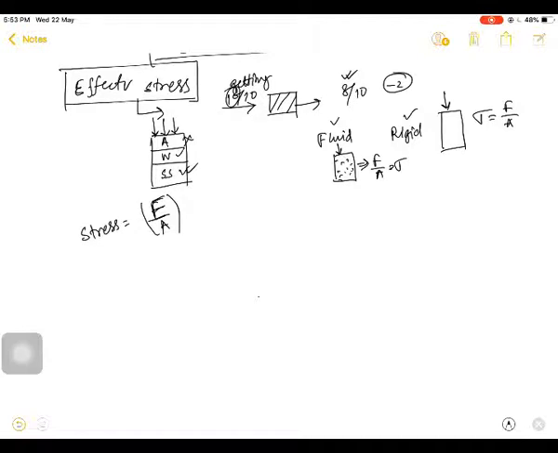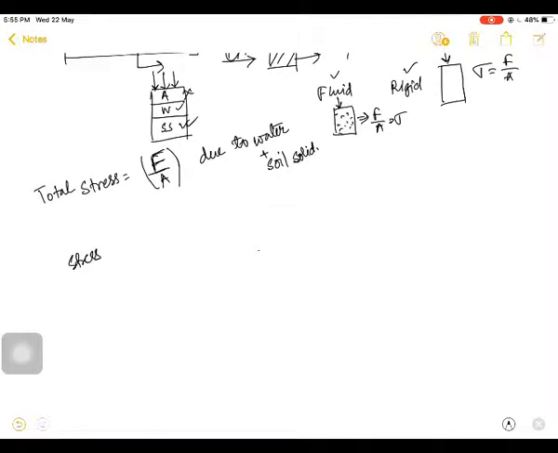If we need to find only the stress due to soil solid, then from the total stress we have to subtract the stress due to water. So the total stress is due to water plus soil solid, and the stress due to soil we have to find.